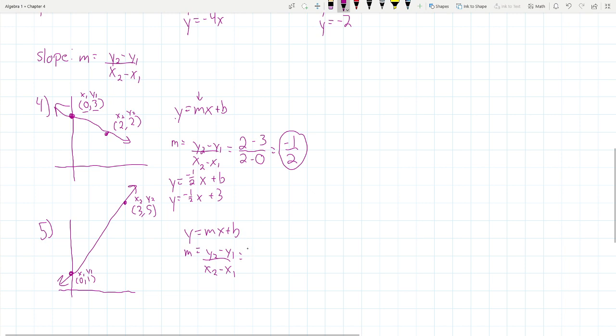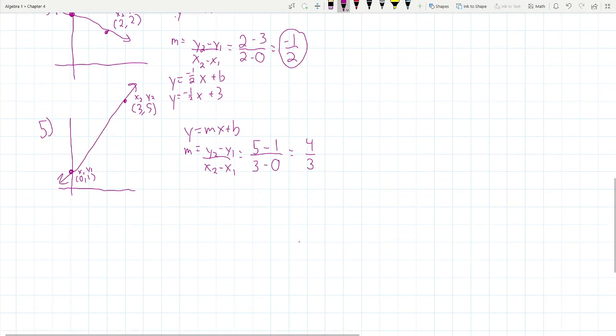So y2 is 5 minus y1 is 1, and then x2 is 3 minus x1, which is 0. All right, so 5 minus 1 is 4. 3 minus 0 is 3. And so my slope is 4 over 3.